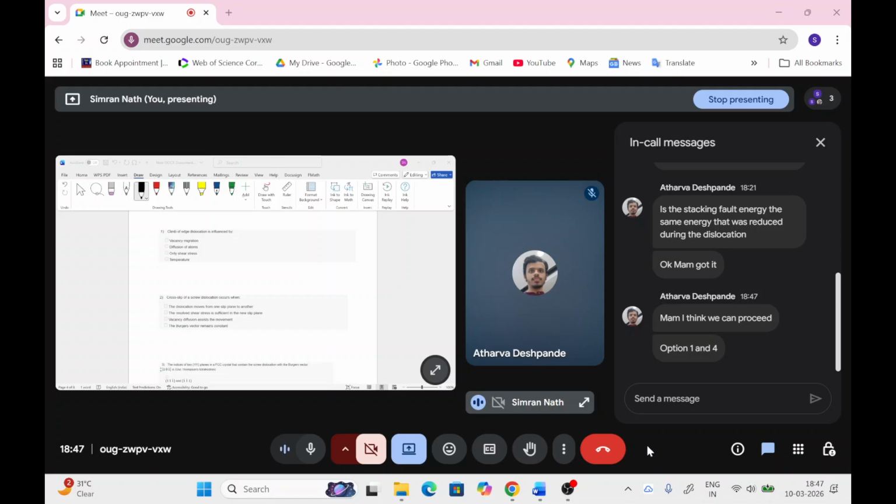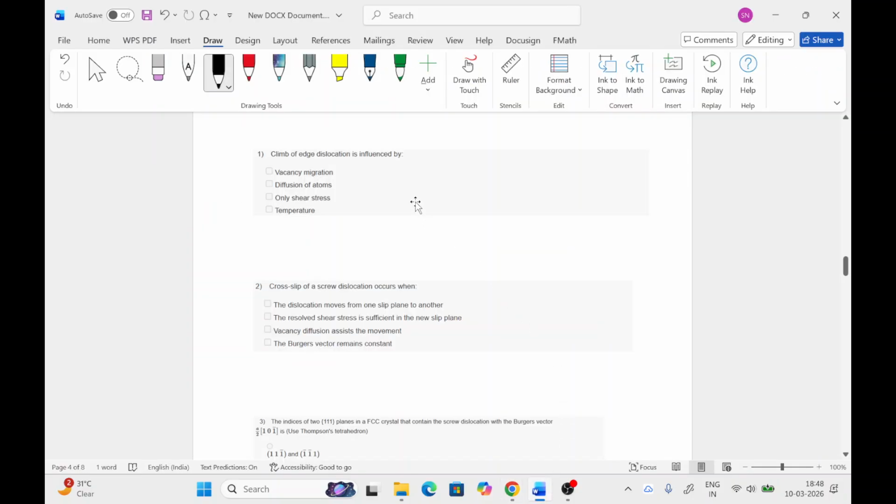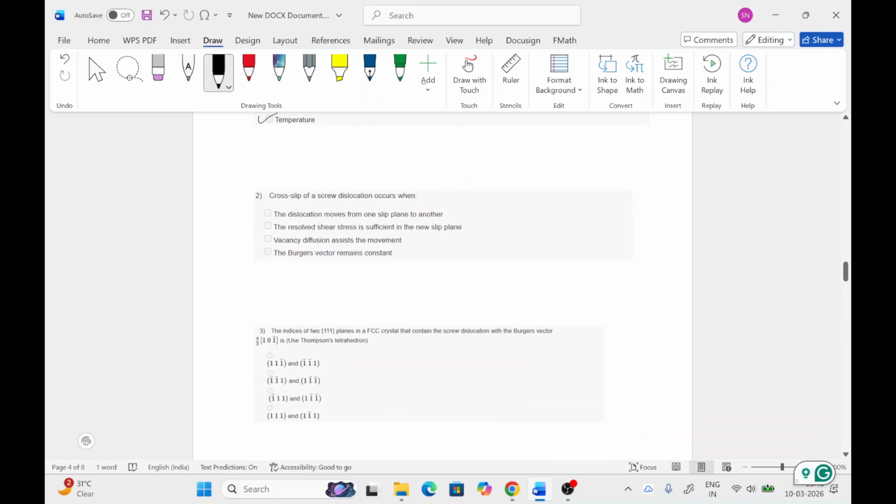Diffusion of atoms also happens in vacancy migration, meaning atoms move to the vacancy and the vacancy moves to the atom's place. So the second option is also correct. So the first, second, and fourth options are correct.